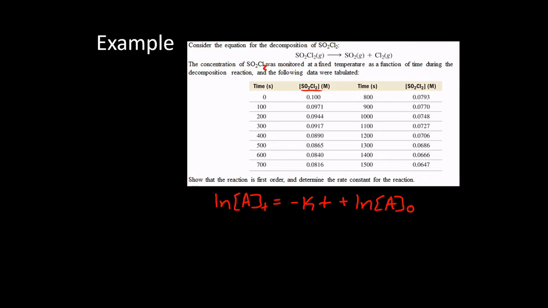So that's our first step here, showing that the reaction is first order. We're going to do that by plotting the data as if it was first order, and then if we get a straight line, that confirms that it is first order. And then the second part, determining the rate constant.